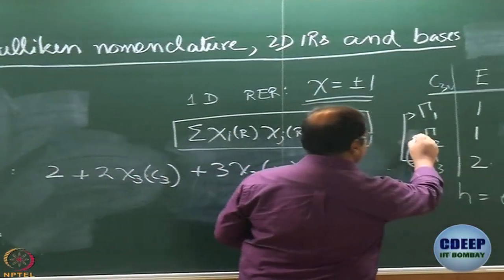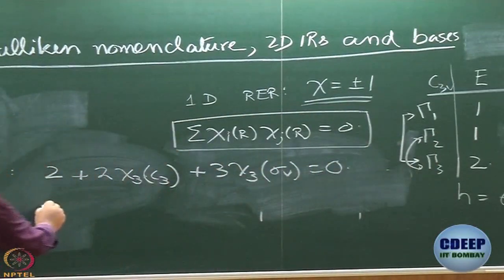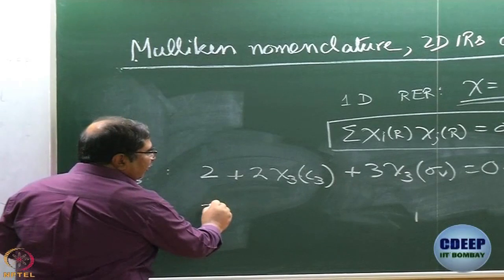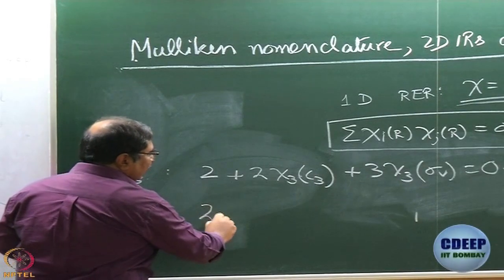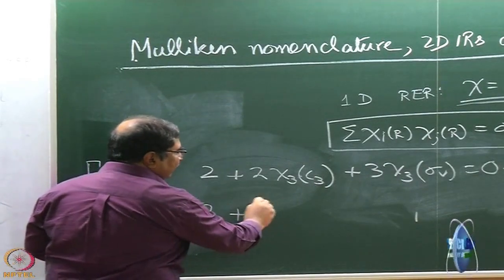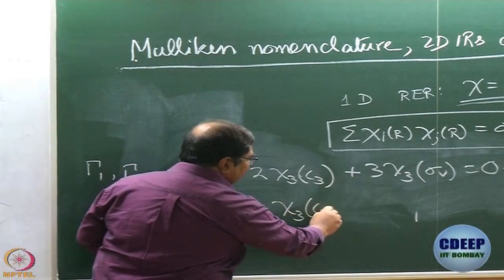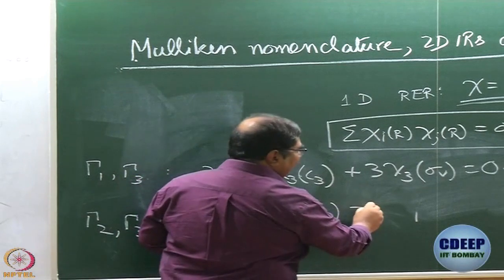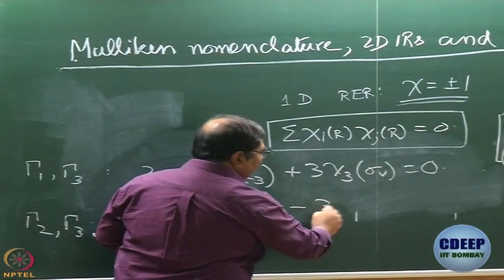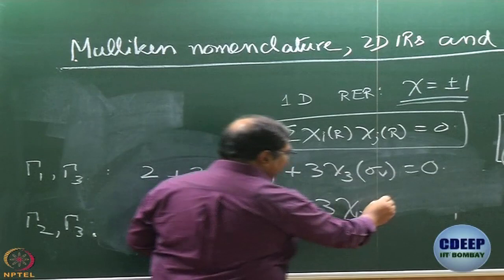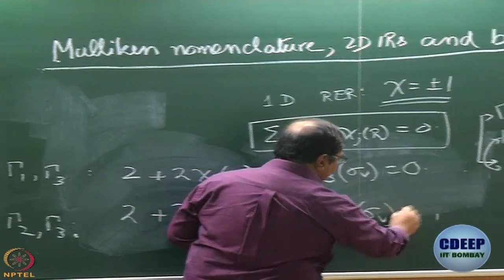This one. Yeah, help me. 1 into 2, 2 plus 2 into chi3 C3, then minus 3 into chi3 of sigma v equal to 0.